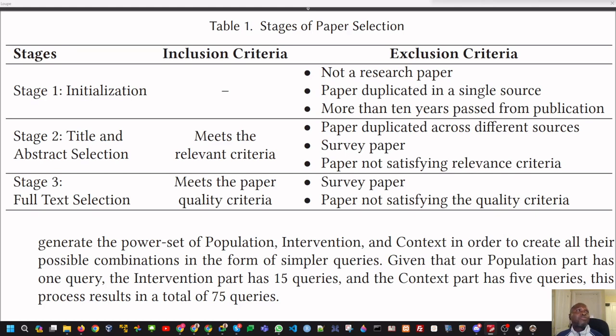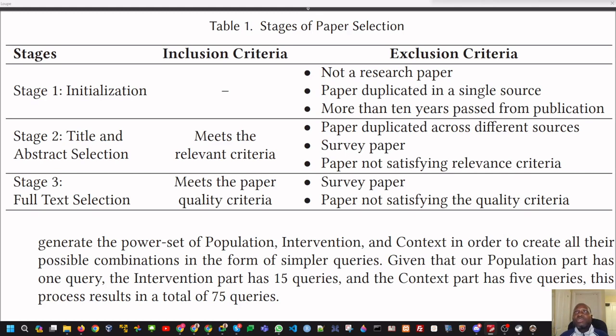Stage 3 is full text selection, where the paper meets the quality criteria for inclusion, and you also exclude survey papers. Papers not specifying the quality criteria can also be eliminated. Poor quality papers, which are poorly written, can be excluded. So after that, you remain with the final set of papers.